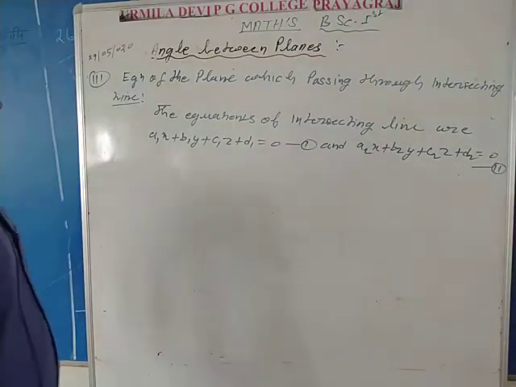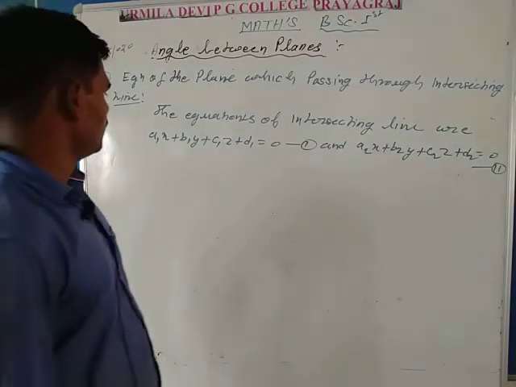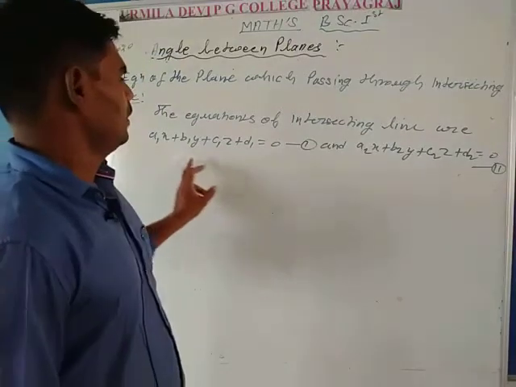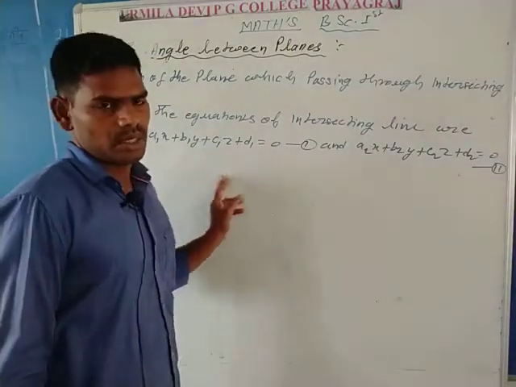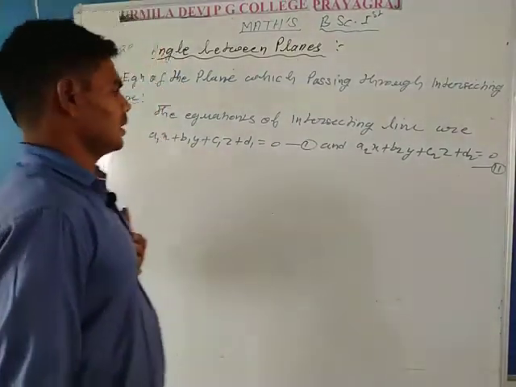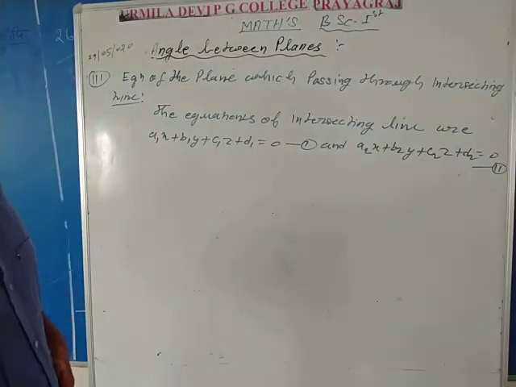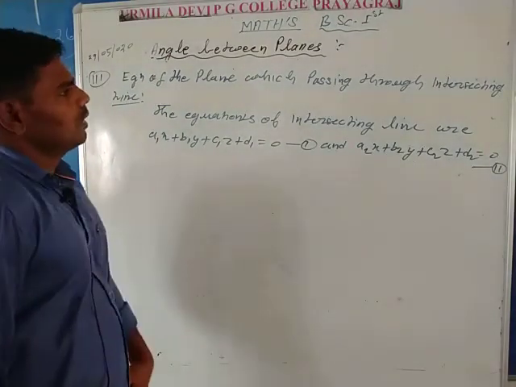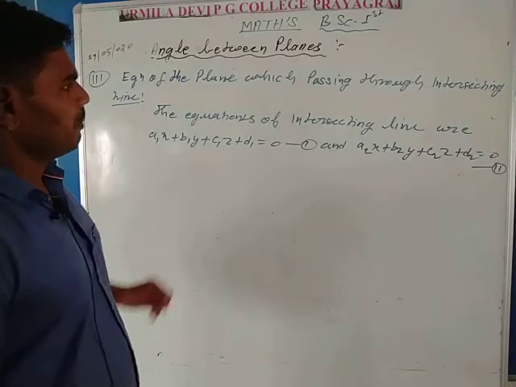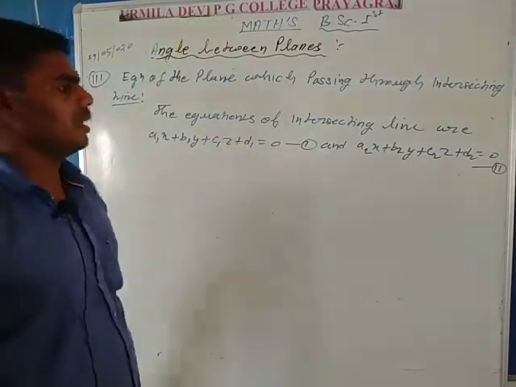The equation of an intersecting line is always represented by two plane equations, because a line is formed by the intersection of two planes. Therefore, I want the equation of the plane which passes through this intersecting line.